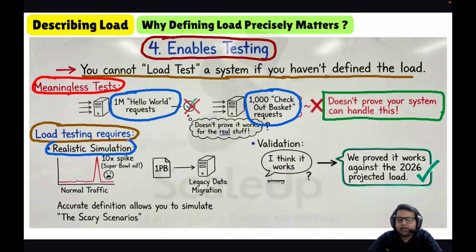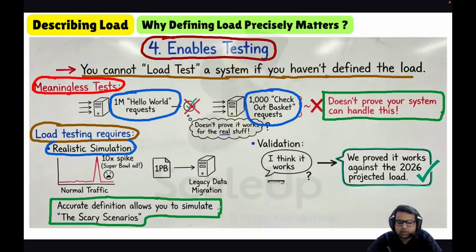For realistic simulation, accurate load definition is very important, because it will allow you to simulate the scary scenarios, like a 10x traffic spike during a Super Bowl ad or a sudden influx of 1 petabyte of legacy data migration.